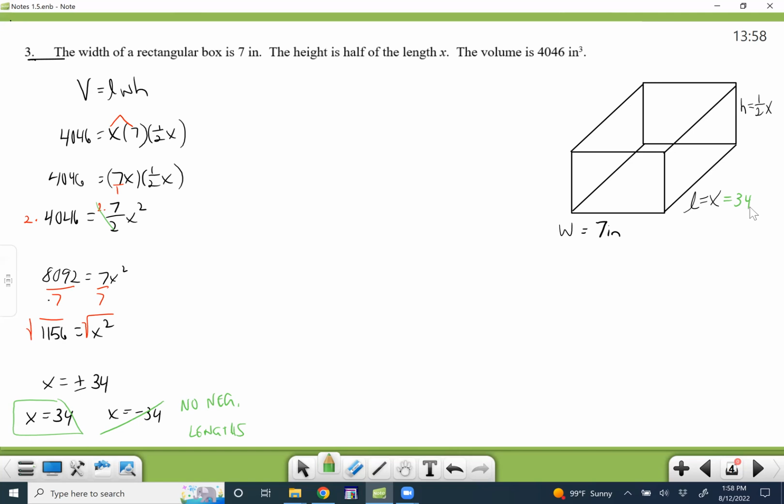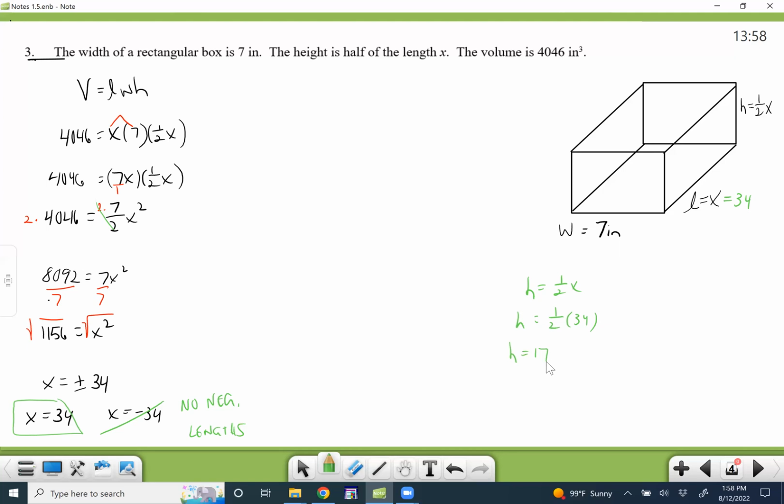Here's one of our answers, right? Now we just need to take that 34 and plug it into the height. If the height is 1/2 of x, then the height is 1/2 of 34. We talked about this last time. Half of 34, you literally just divide it by 2. So 17 is what I'm getting.